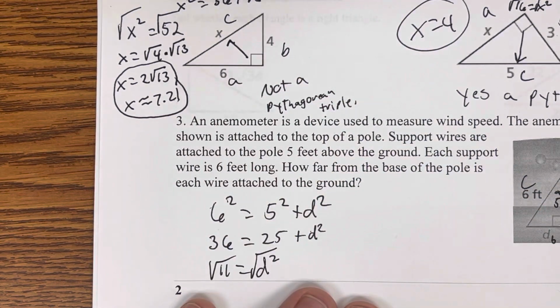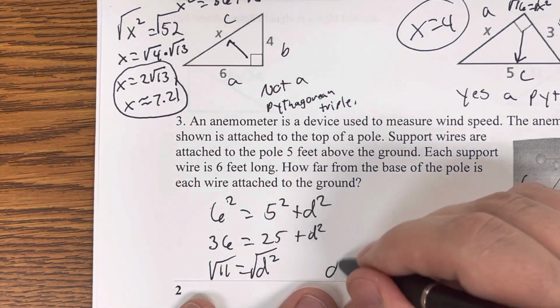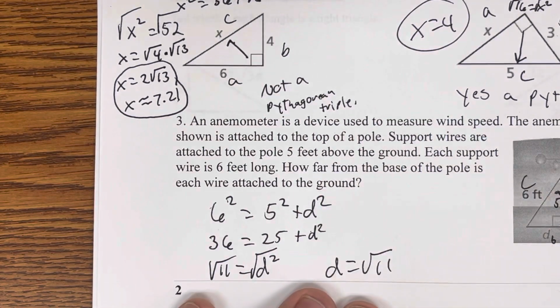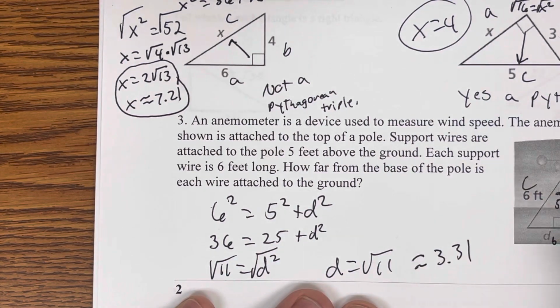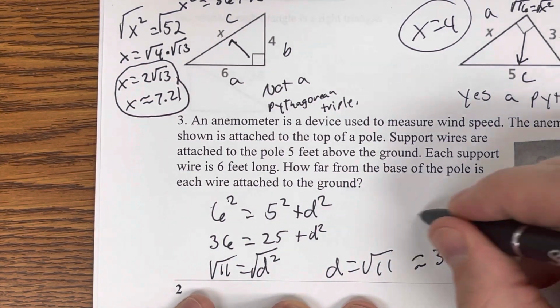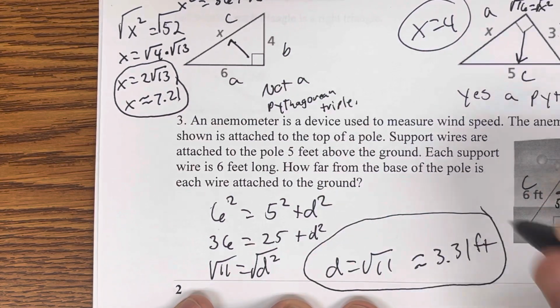And 11 has no perfect square factors, so it's equal to the square root of 11. And as a decimal, using my calculator, it's about 3.3, and that's in feet. We found our two solutions.